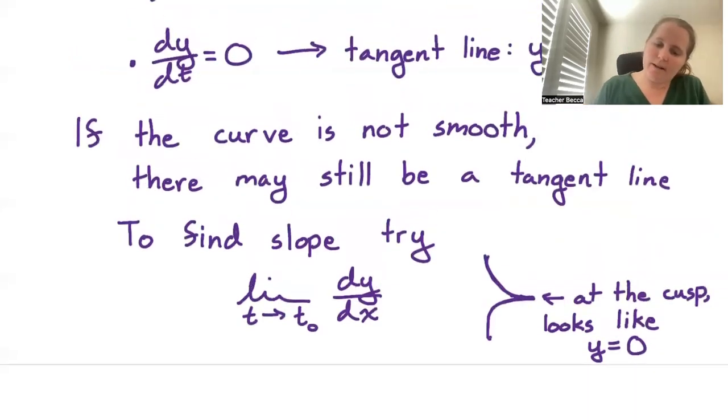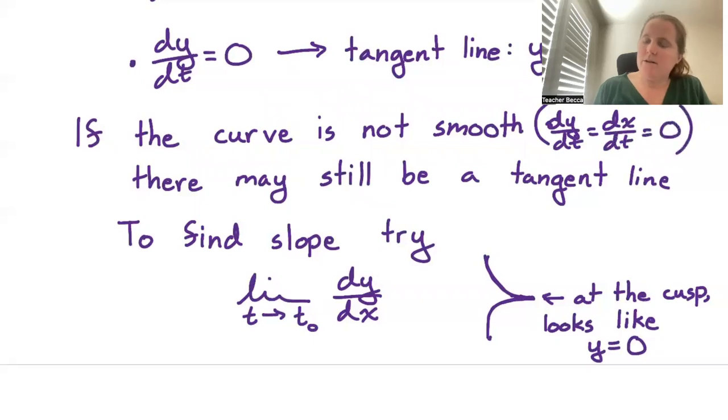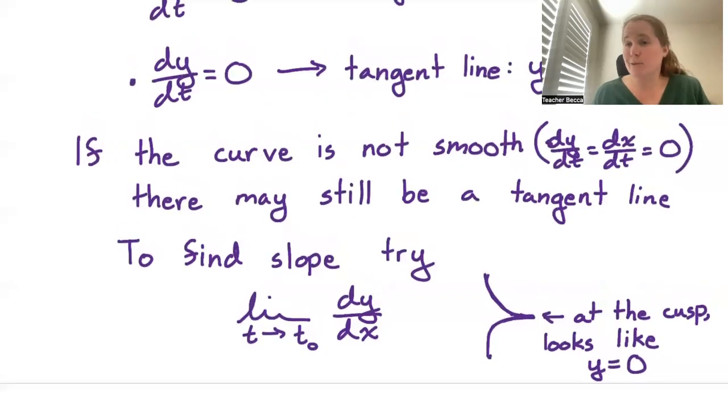So if the curve is not smooth, if dy dt equals dx dt equals 0, dy dx would be a 0 over 0 situation. That's indeterminate. So we may still have a slope, just looking at the limit.